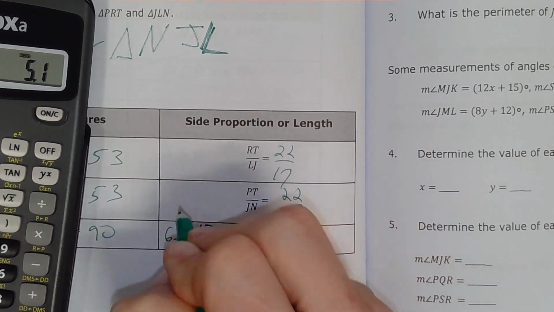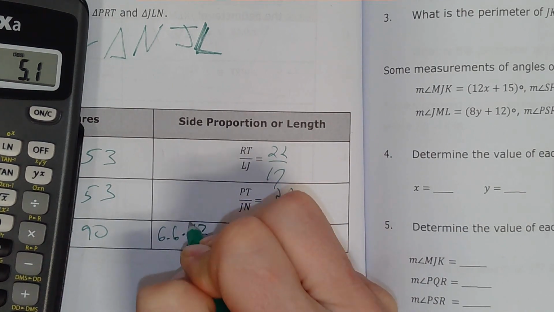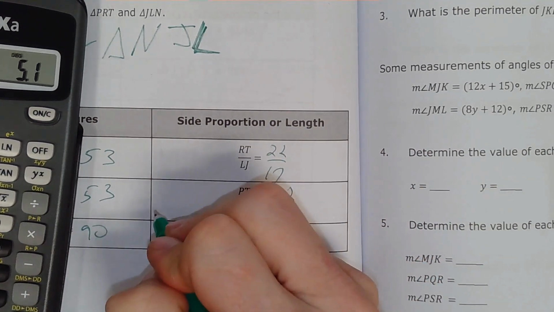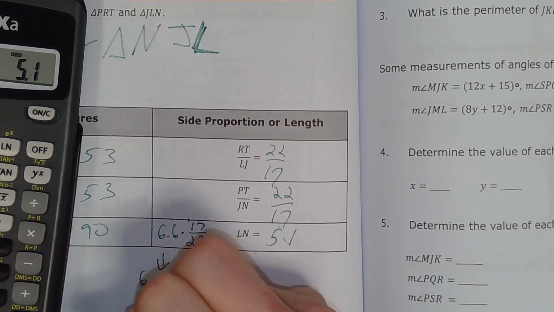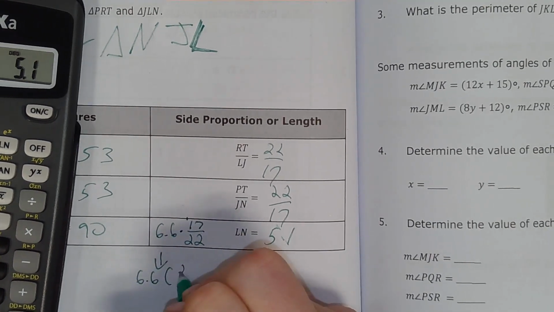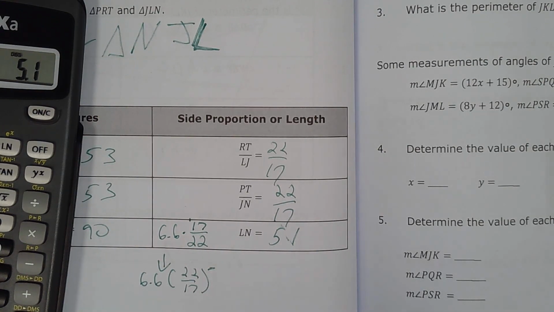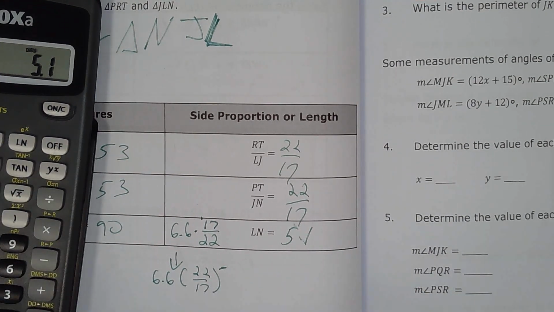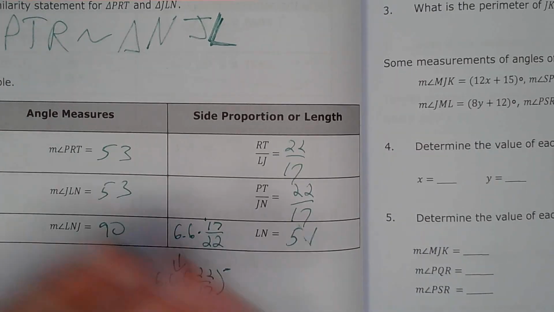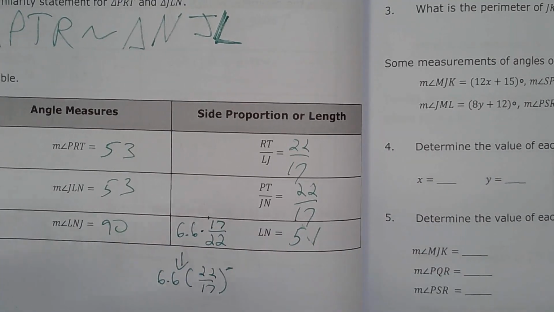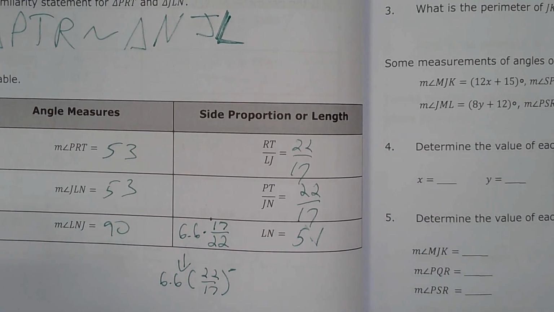This is the inverse of this. Another way to put this is 6.6 times 22/17 inverted. So anyway, that's how you do that one. Hope that helped out. Super simple. Slow it down, watch it again if you need help, or if I was too fast.